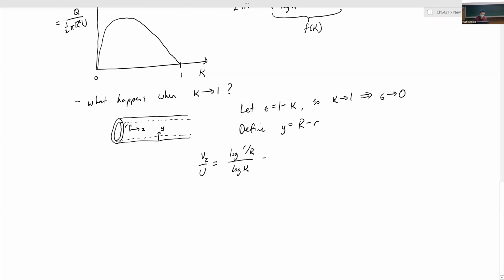Okay, so we have little r is R minus y. Okay, and kappa is 1 minus epsilon. Okay, or just another way of writing this is this.